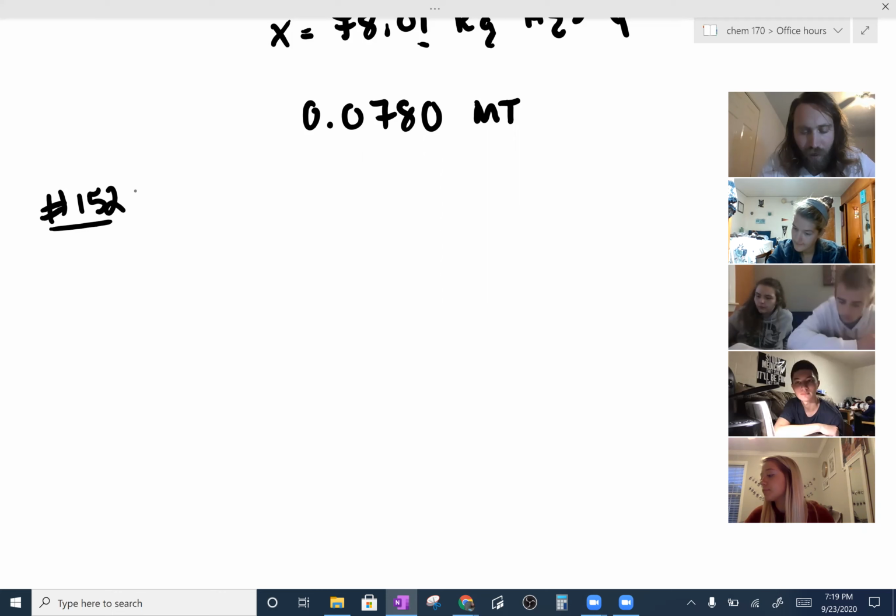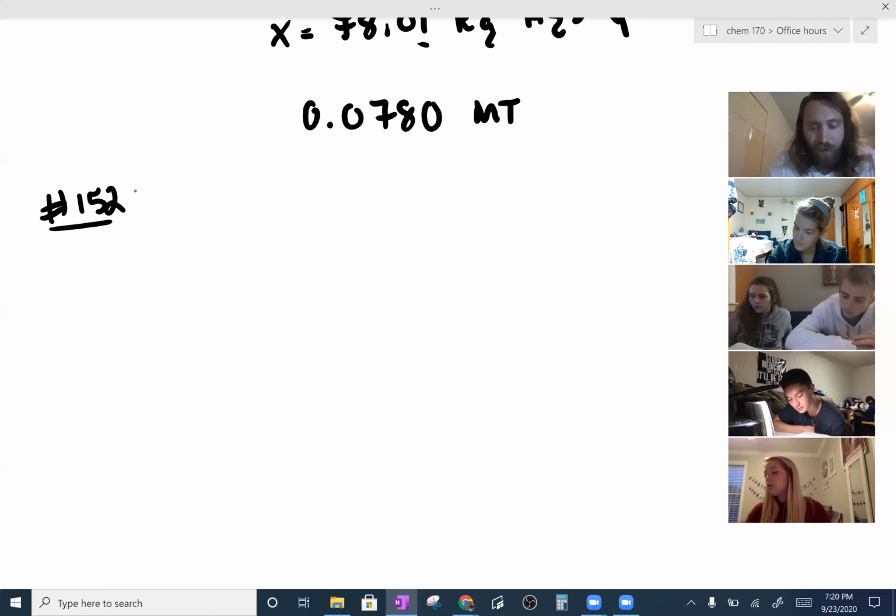Another sample of the same compound of mass 4.14 gram yields 2.11 grams of SO3. A third sample of mass 5.66 gram yields 2.27 grams of nitric acid. Calculate the empirical formula of the compound.